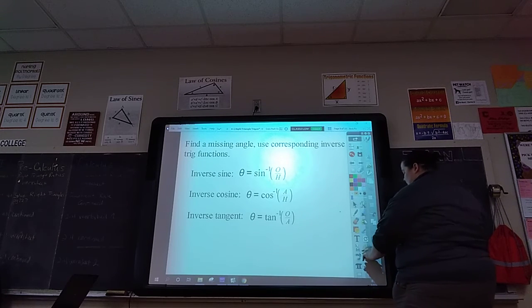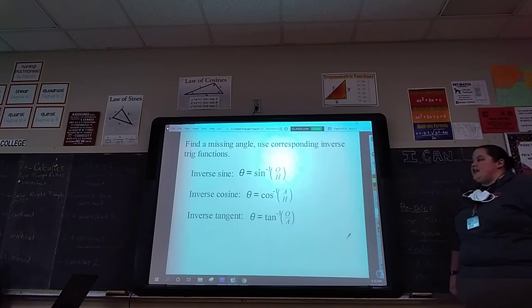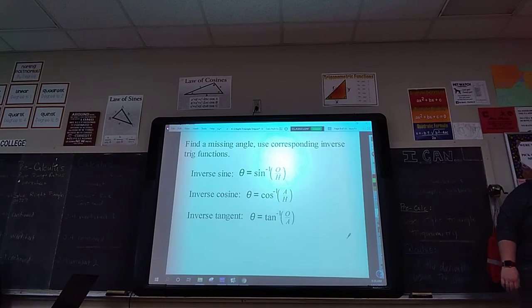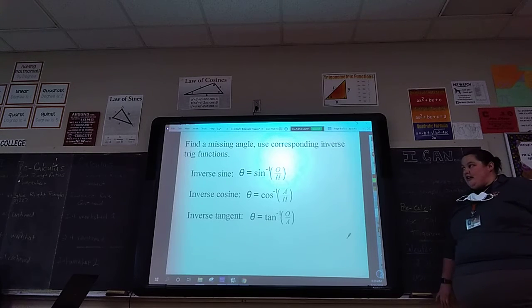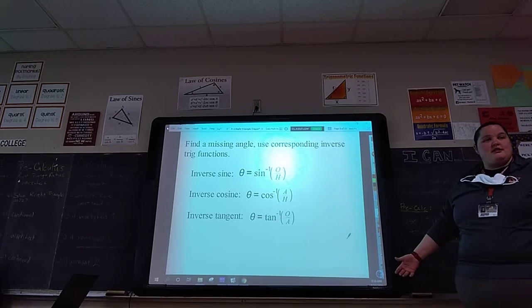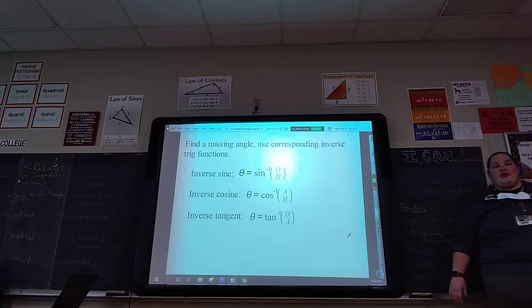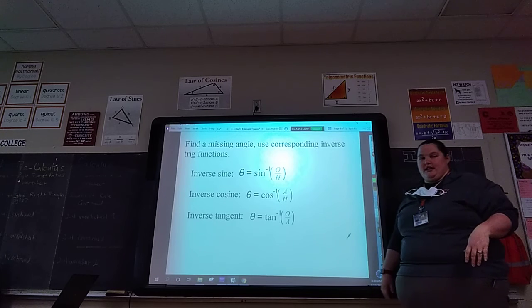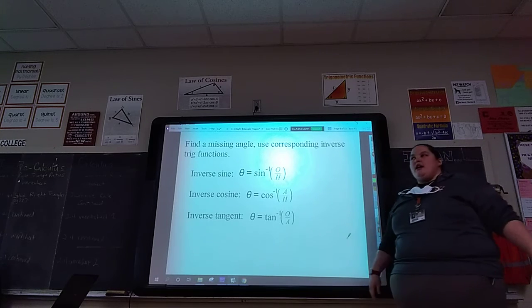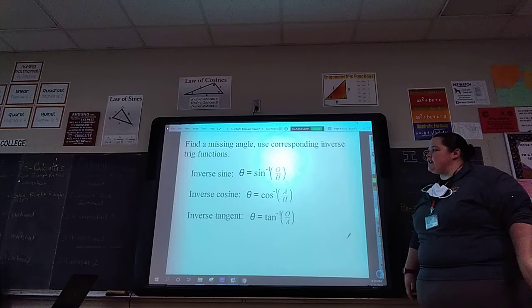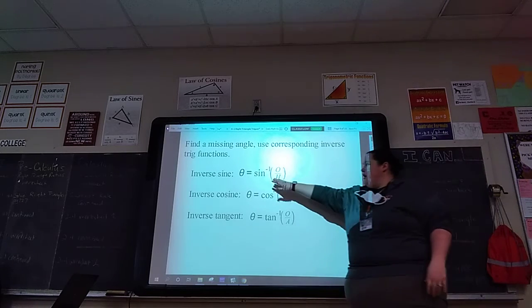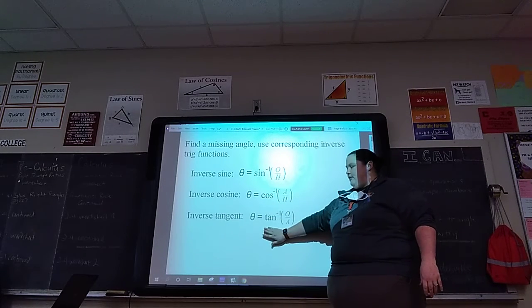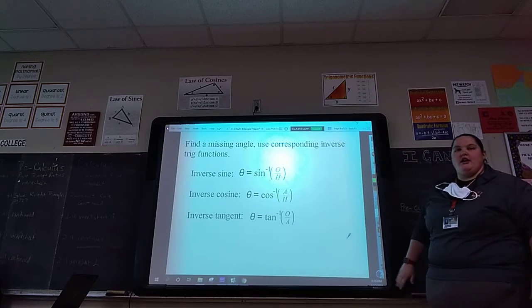Alright, you already have all this, so I'm just going to leave it up. So here's the big thing that you have to remember. In trig, we have reciprocal functions, and we also have inverse functions. They are not the same thing. When we're talking about the reciprocals, that's when we use the secant, cosecant, and cotangent. When we're talking about inverse, that's where we use sine inverse, cosine inverse, tangent inverse.